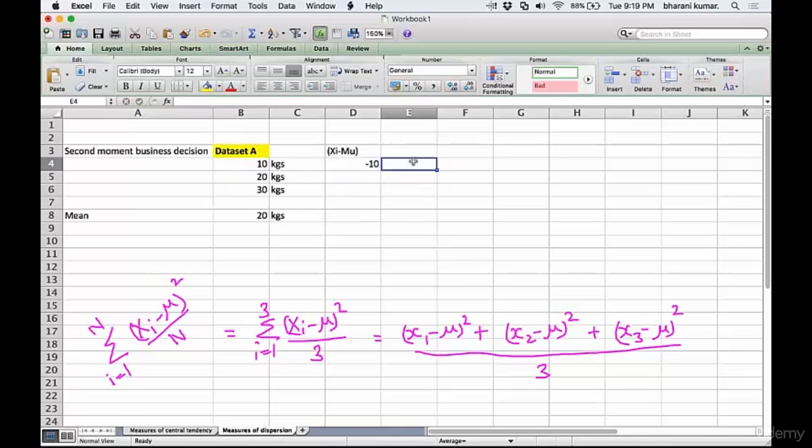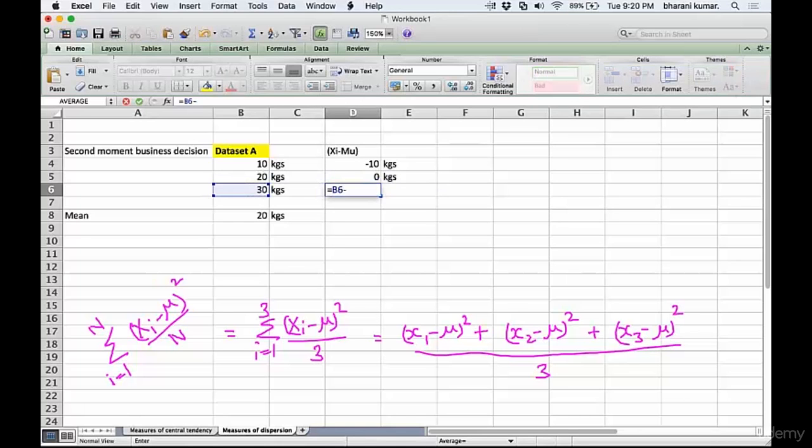So it is minus 10 kgs. x2 minus mu is the next value. So x2 is here minus mu is here. It is 0 kgs. Then we have x3 minus mu. Here we have x3 minus mu, and we have 10 kgs, right?